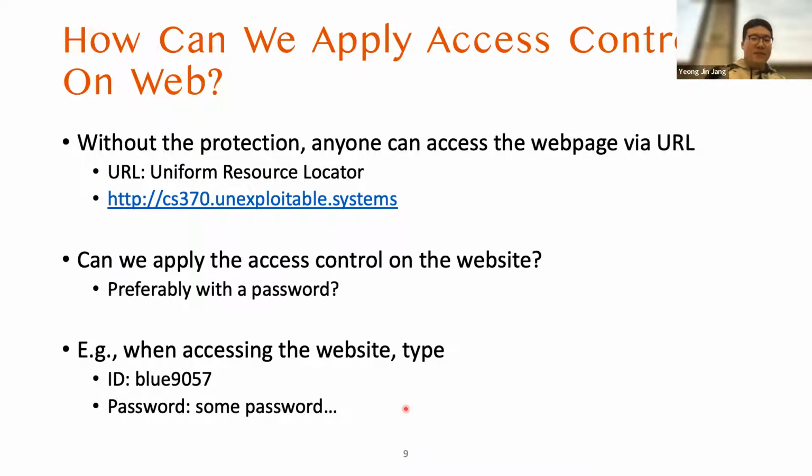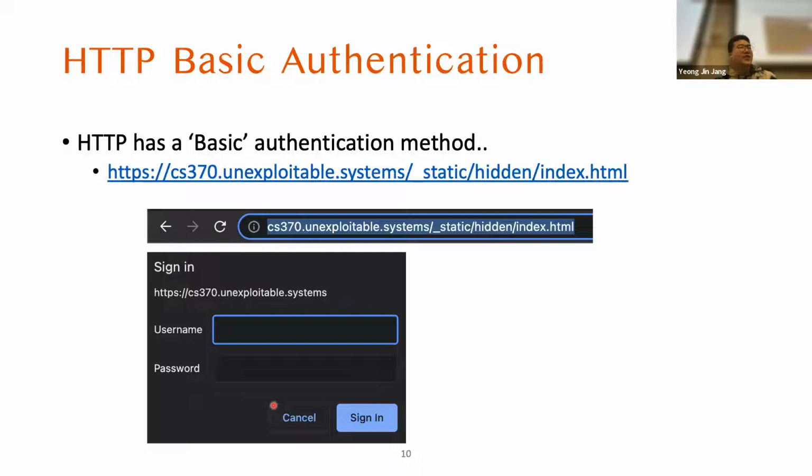Suppose we want to implement a web page that is authenticated by a username and password. The HTTP protocol definitely has an authentication method, so-called HTTP basic authentication. I created a challenge page.